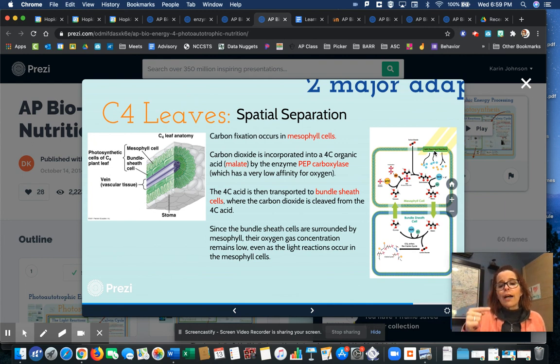They're happening in two different cells. Just trust me on this. So the light dependent reactions are happening in one cell, and then the Calvin cycle is happening in a different cell. And by separating them, they're able to keep the carbon dioxide levels high and the oxygen levels low. So that works for some plants.